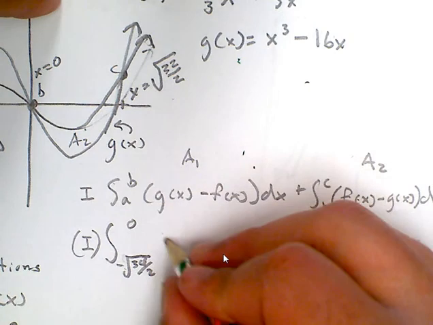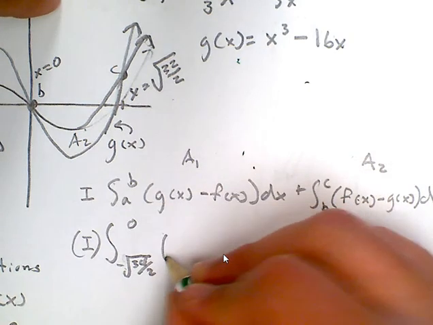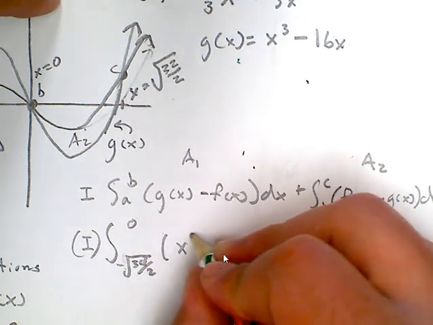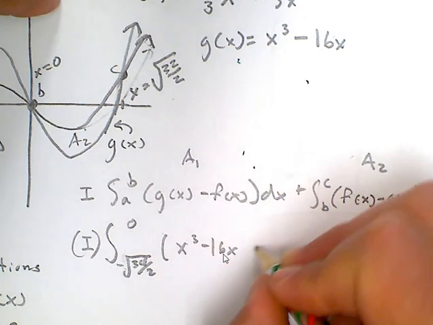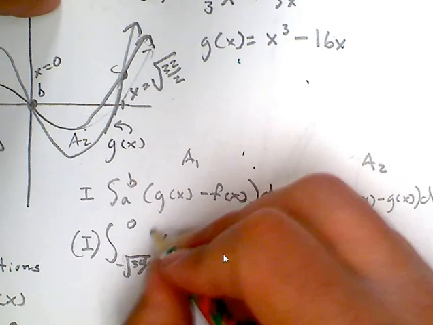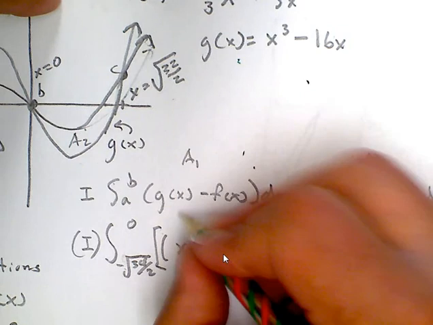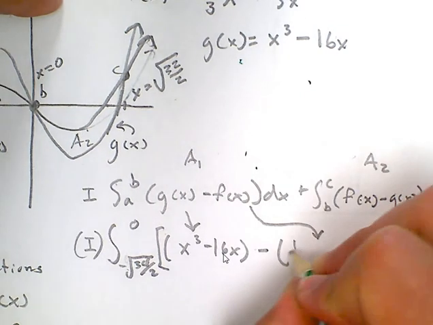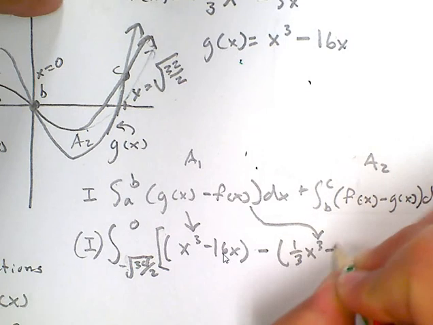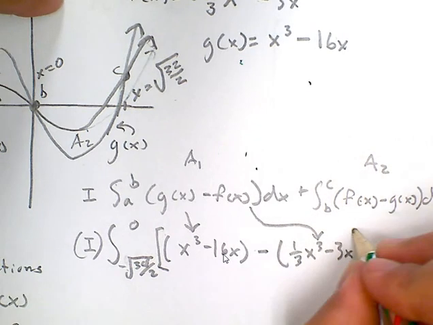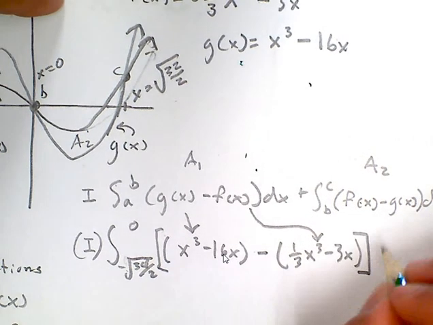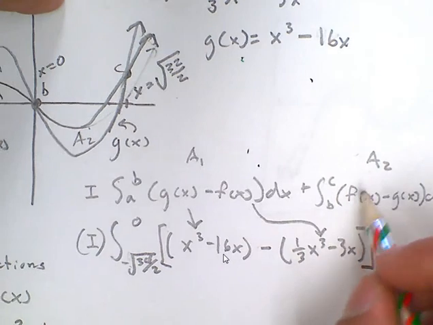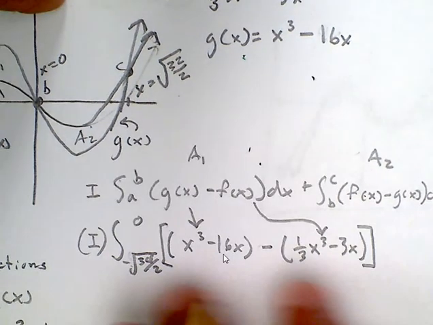Okay, so here I've got x cubed minus 16x minus, that's g of x minus f of x, 1/3 x cubed minus 3x. Okay, and I'm not going to do that other one yet. I'm going to work this one out totally.